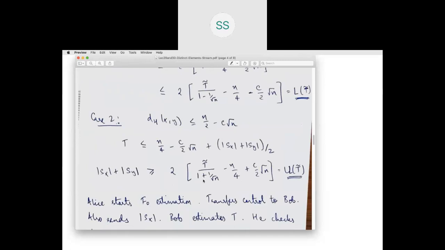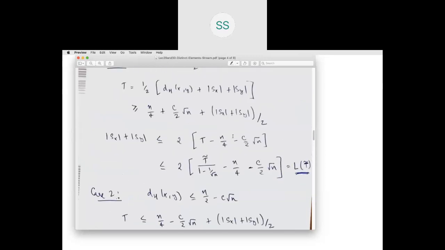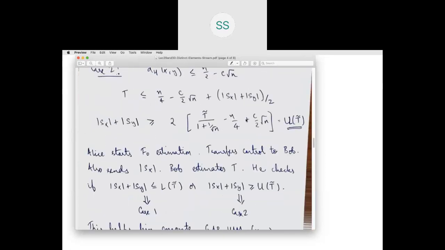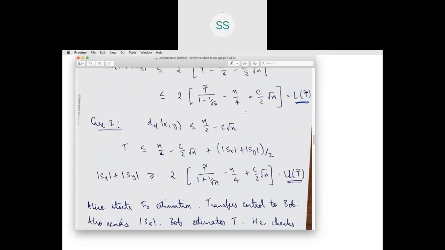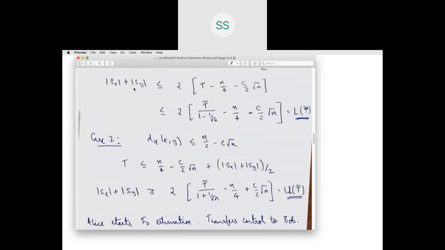So we get this inequality: sx plus sy is greater than or equal to 2 times t tilde divided by 1 plus 1 by square root n, minus n by 4 plus c by 2 square root n. The plus appears here because of the difference in the cases. So these are the two inequalities. In case 1, sx plus sy is at most this quantity which we call L of t tilde. In case 2, sx plus sy is at least this quantity which we call U of t tilde.